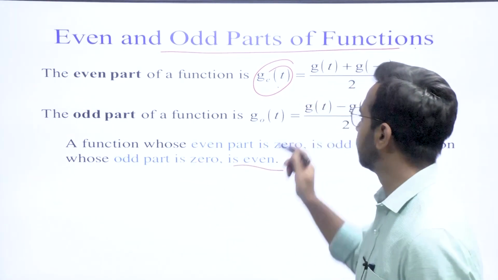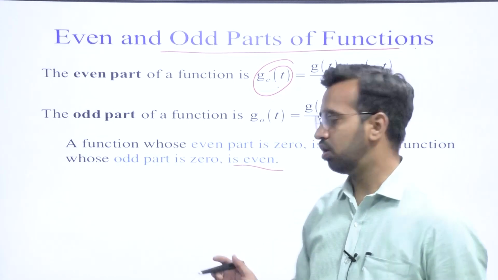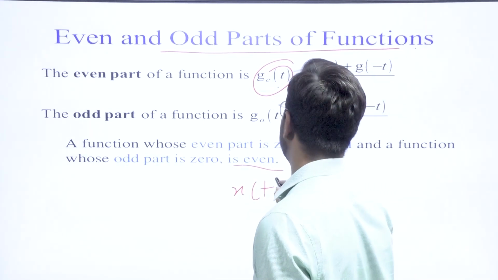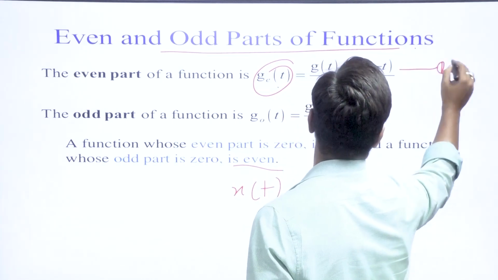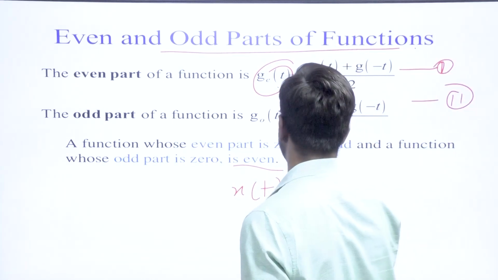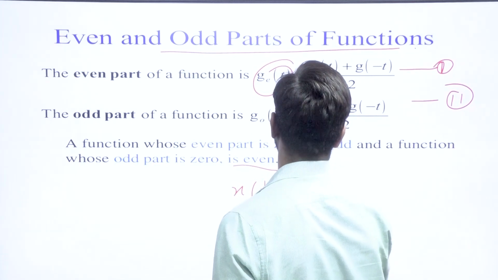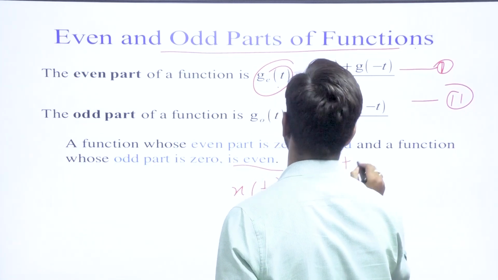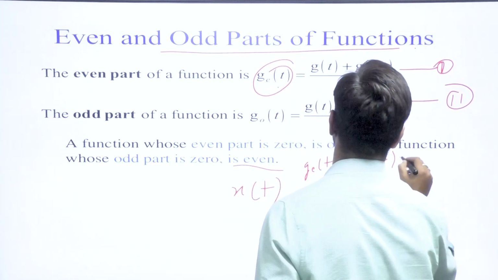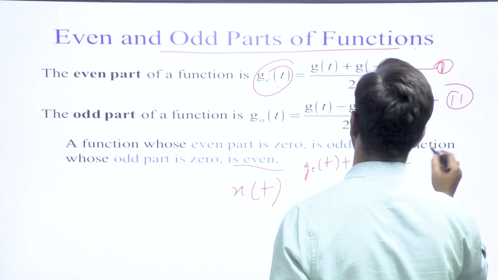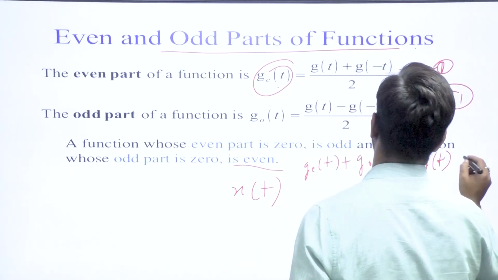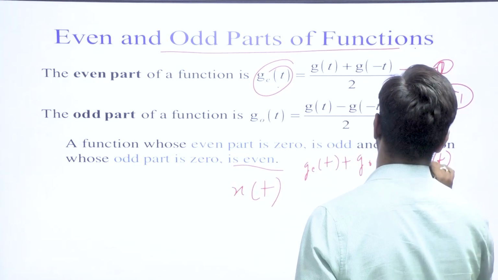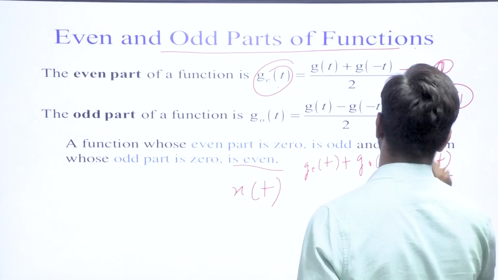Suppose you break a signal. One more thing, from here, if you add 1 and 2, what will you get? If you add 1 and 2, you will get g(t) plus g(minus t) by 2 plus g(t) minus g(minus t) by 2, so you will get g(t).